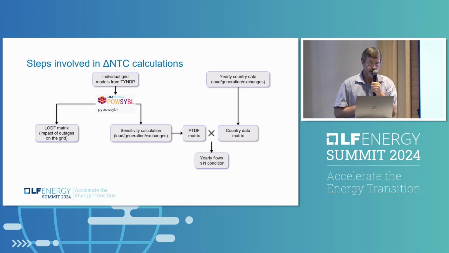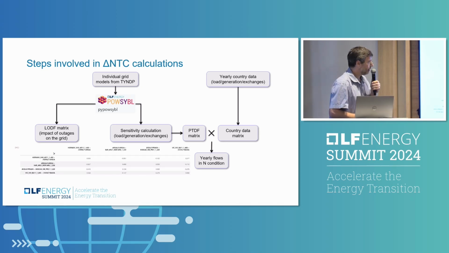We will use the functionality provided by PyPowSyBl, which is the LODF matrix. LODF means line outage distribution factor matrix, and it represents the impact of an outage on the grid. That means if I lose this line on my network, how the flows will be spread on the remaining lines.